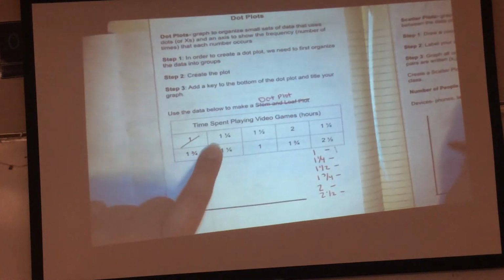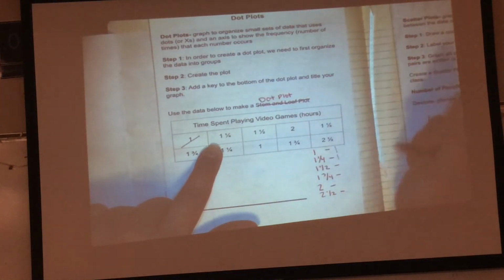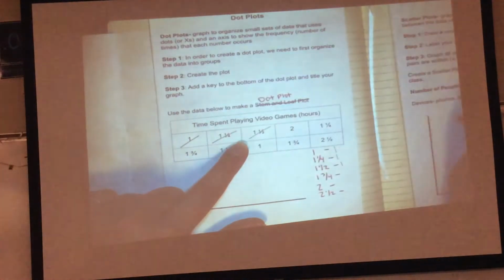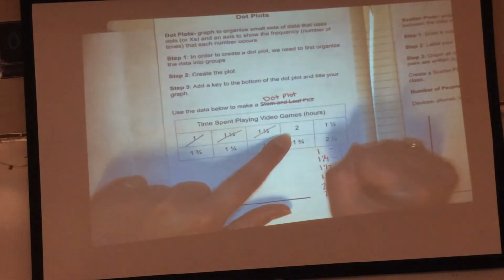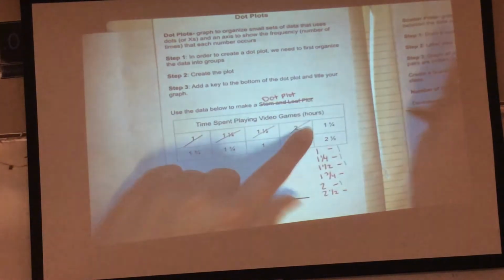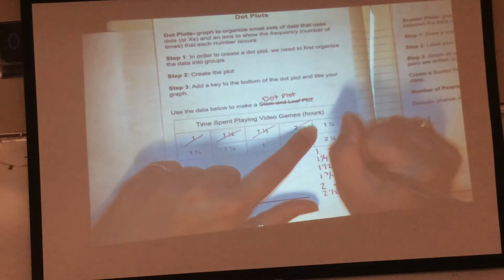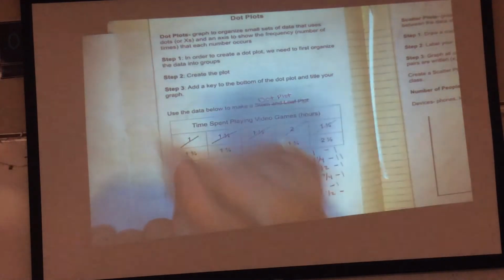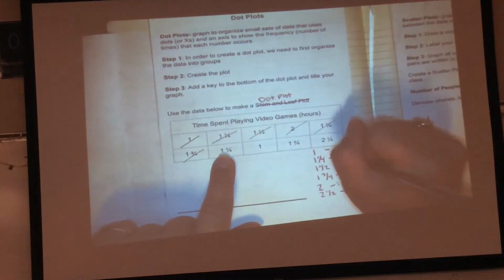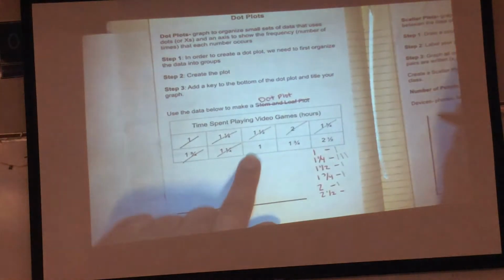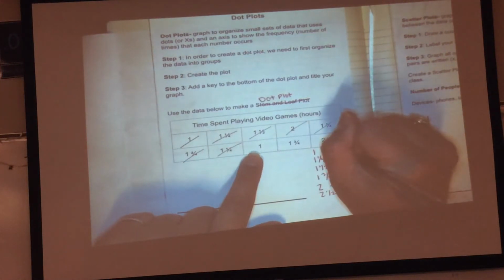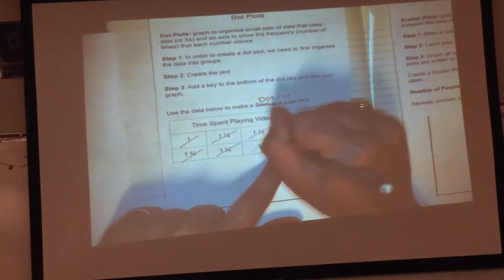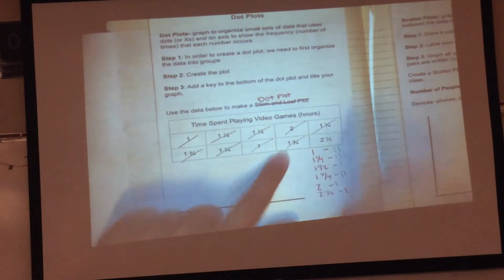I have 1.25 hours, I'm going to put a tally there. 1.5, tally. 2 hours, tally. 1.25 hours, tally. 1 3/4, tally. 1.25, tally. Tally. 1 3/4, tally. 2.5, tally.